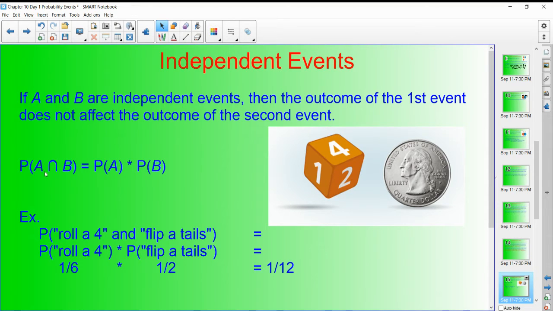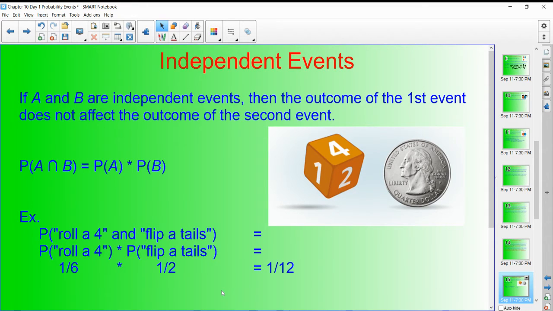So if we want the probability of rolling a 4 and flipping tails, these two events are independent, so I figure out the probability of the first event and multiply by the probability of the second event. So the probability I roll a 4 is 1/6. Probability I flip and get tails is 1/2. 1/6 times 1/2 is 1/12.